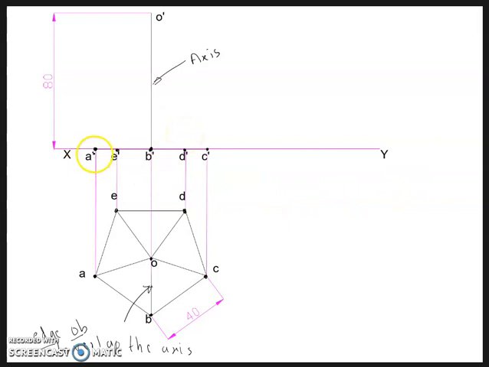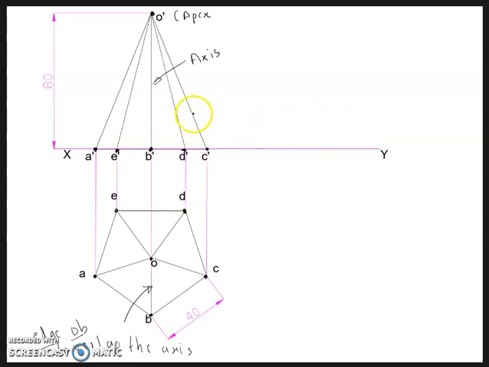Mark all the points in front. So in front of it will be A dash, B dash, C dash, D dash, and E dash. And now after that, construct the slant edges by joining all these points, that is A dash, E dash, to the apex. The apex is your O dash. So one by one, join all the points.